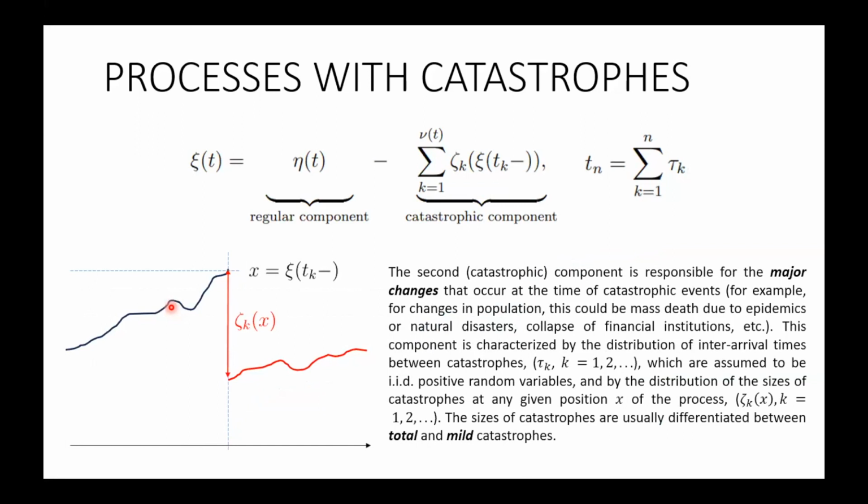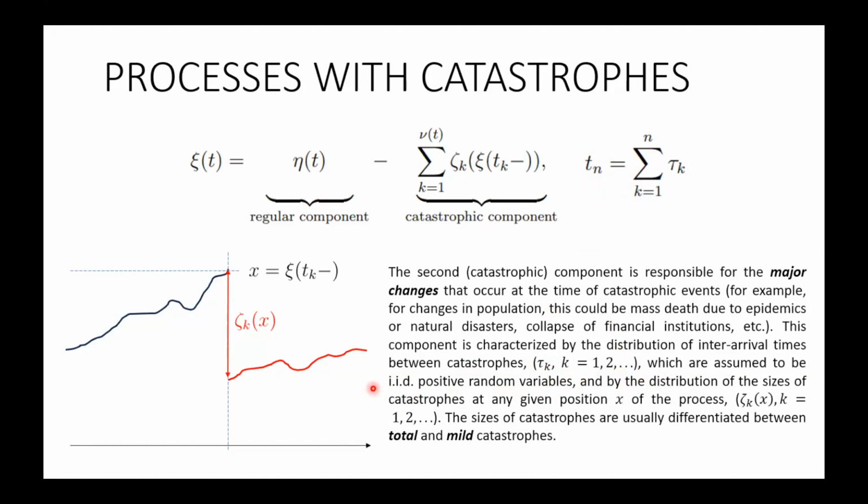The first one is the inter-arrival time between catastrophes. I call this tau k, and the sum of tau k, Tn, is the instants of catastrophes. The tau k are independent i.i.d. positive random variables, for sure.